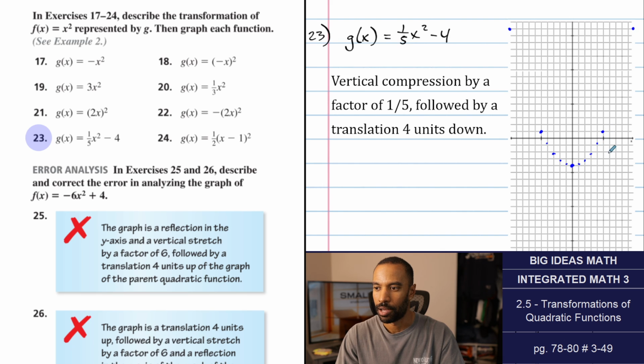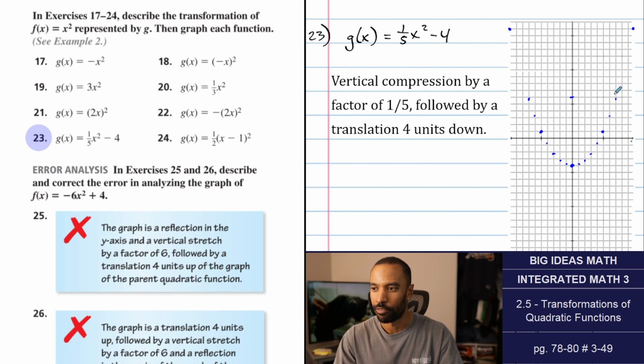Okay. 36/5 is 7 1/5. 49/5 is 9 4/5. So 8, 9 4/5. Whoops. So that's 10 right here, right? So this is 10. 64/5 is 12 4/5. So 10, 11, 12 4/5. And 81/5 is 16 1/5.